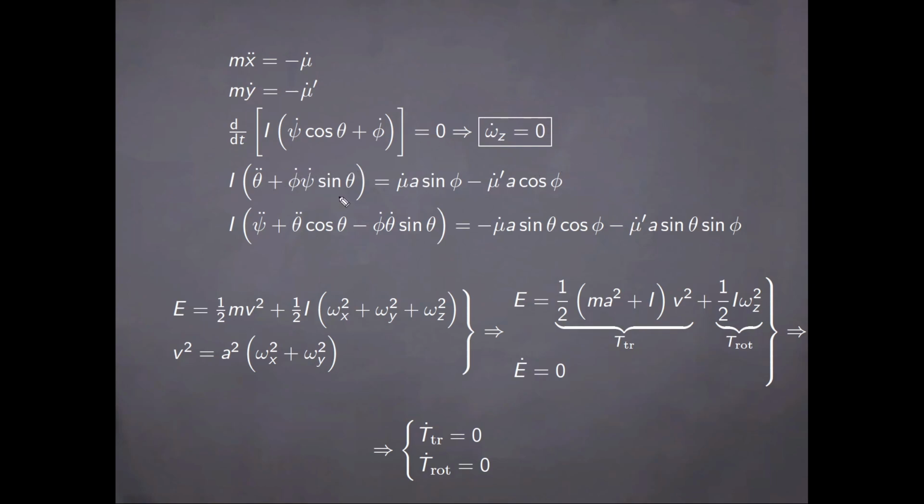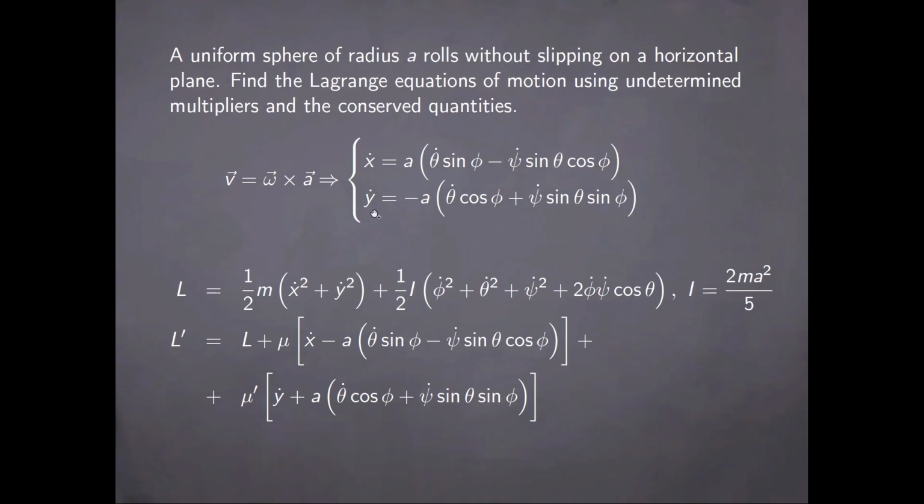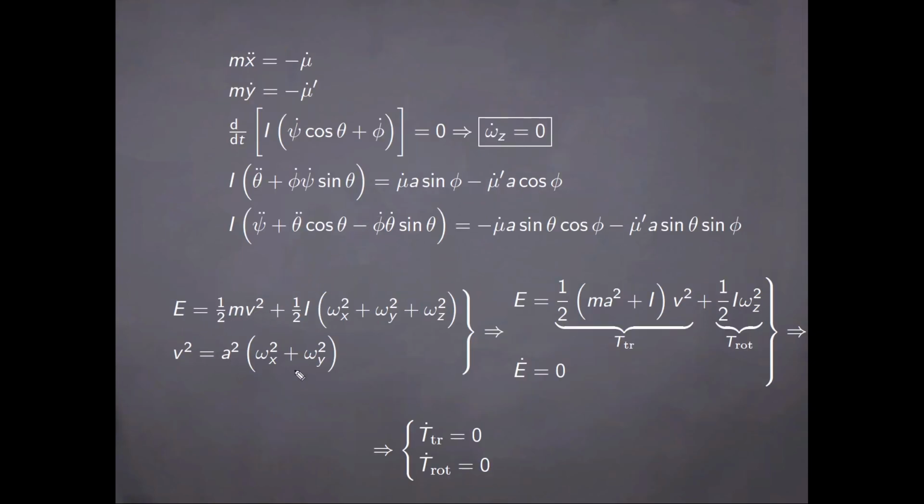And now what's important to note is that the total energy, which is just the sum of the translational and rotational kinetic energies, can in fact, due to these constraints, be written entirely in terms of the components of the angular velocity. So really the energy separates into a translational term of this form, together with a rotational term which involves only omega z.